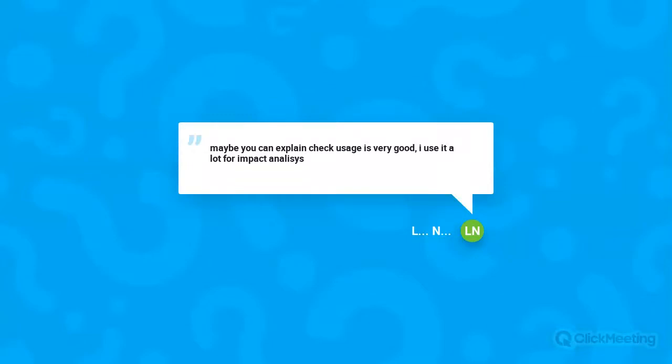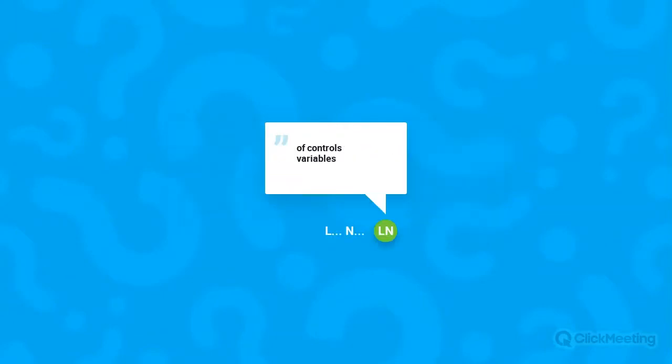Check usage of controls and variables. I'm not understanding, I'm sorry. If you want, you can explain in Portuguese. Luis, you can write to us in Portuguese, and we can try to understand it better.